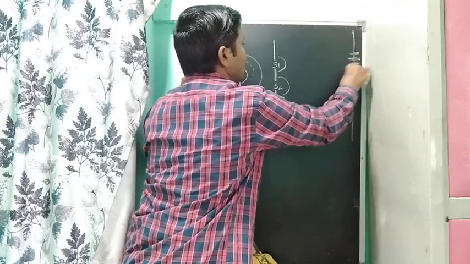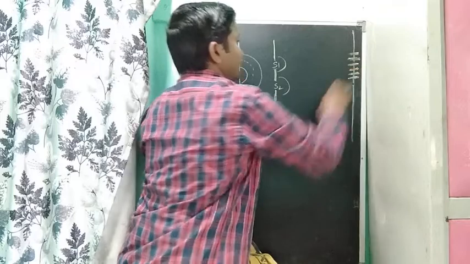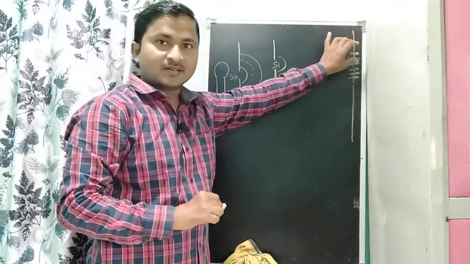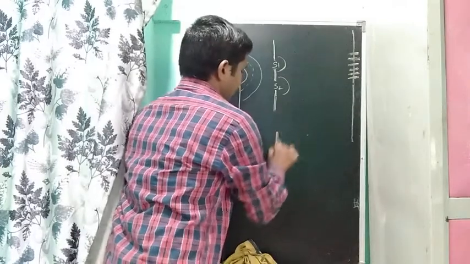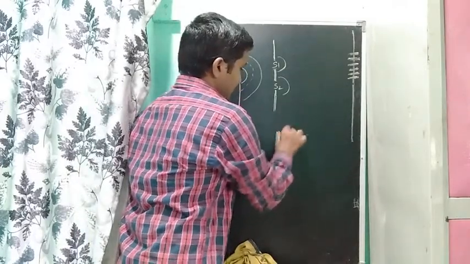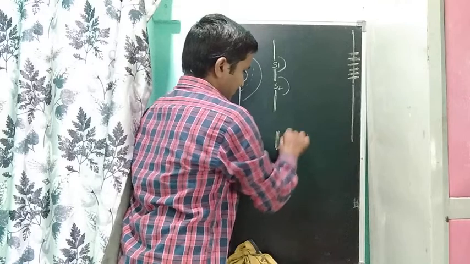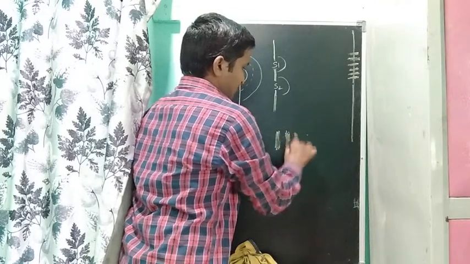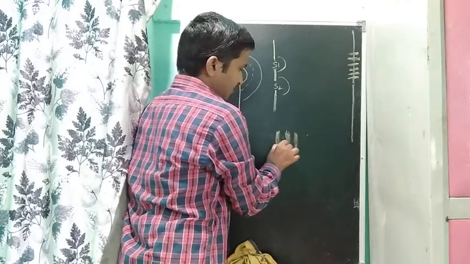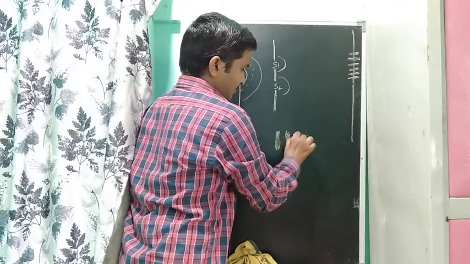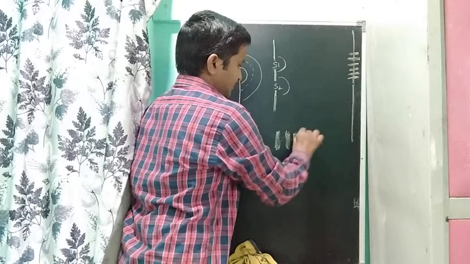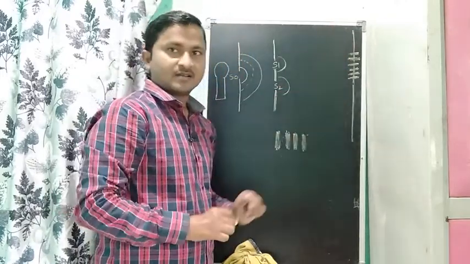Now we are going to obtain an expression for the width of the bright or dark fringes. Here, I will redraw this one. Bright fringe, dark fringe, bright, dark, bright, dark, like this. These are the fringes formed on the screen.